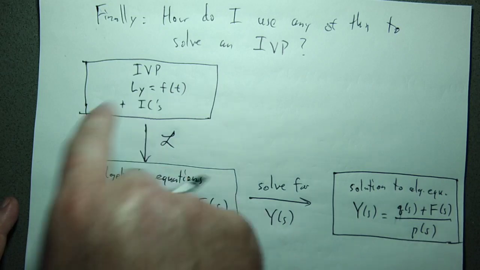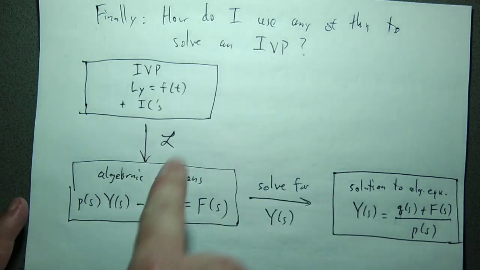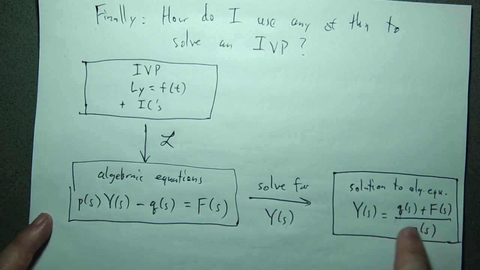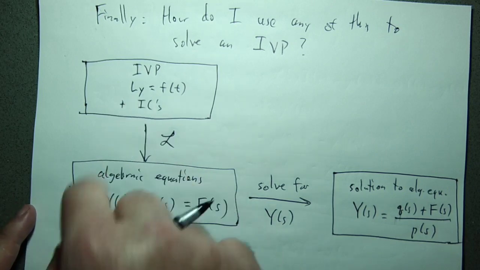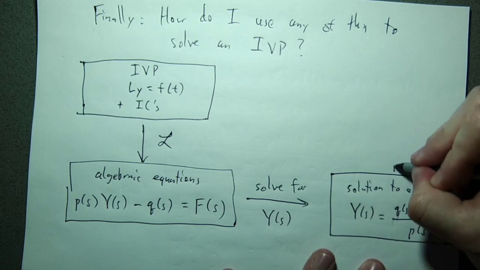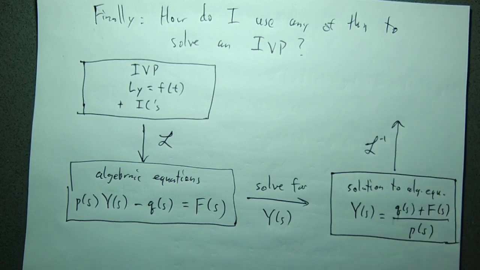So I started with an IVP. Now I have hit it with the Laplace transform to go to algebraic equations that look like this. They always look like this. I solve these algebraic equations for big Y of S. That gives me this. How do I get little y, which is what I seek? I hit big Y with something called the inverse Laplace transform.